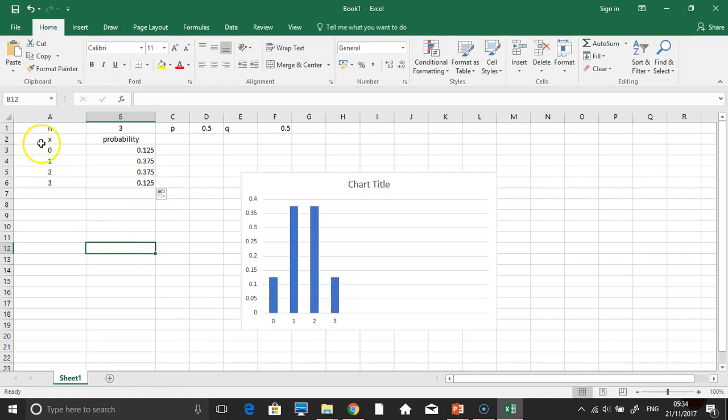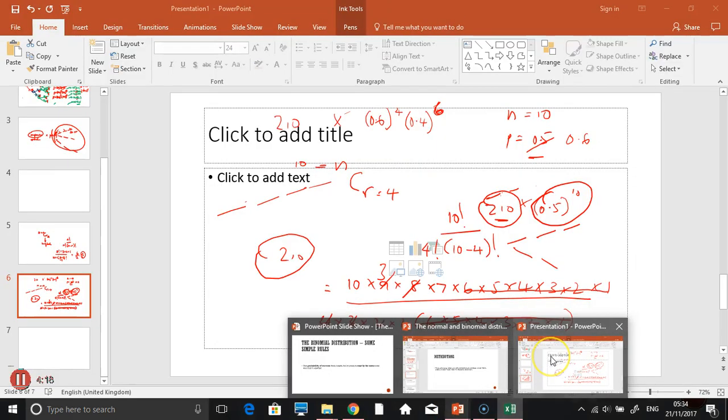Now, if you look here, you will see that this is no different to what I did when I calculated my figures. Let me just go back. So you can see 0.125, 0.125, 0.375, 0.375.